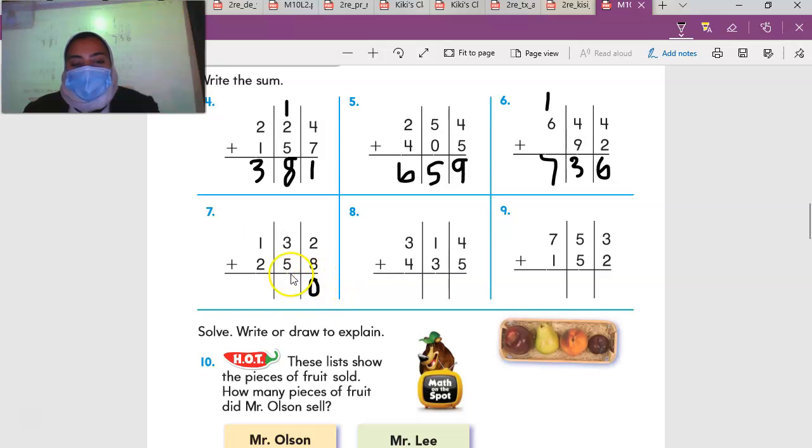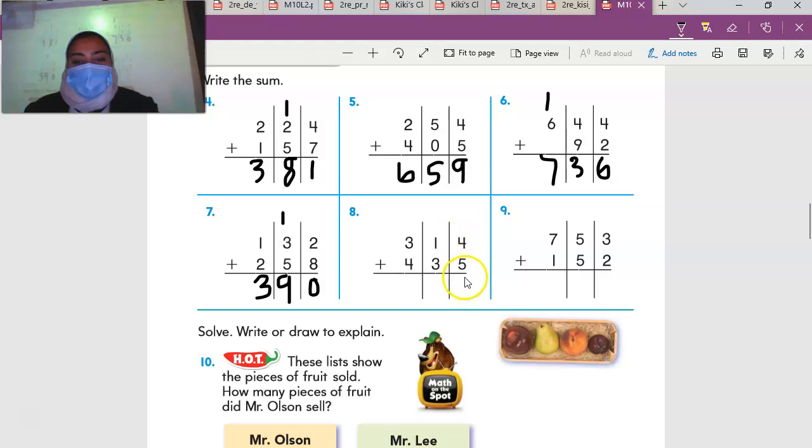Number 7, 2 plus 8 is 10. 0 stays here. Very good, Dustin. You're getting fast. 0 stays in the ones place, and the 1 goes in the tens place. 3 plus 1 is 4, and 5 plus 4 is 9. 1 plus 2 is 3. What's your answer? 390.